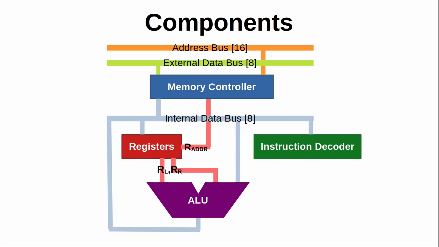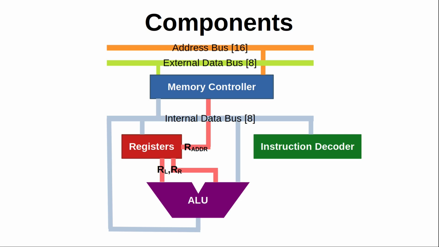So it's always writing to that address bus a 16-bit address to fetch or perhaps write to, and then of course external logic will determine what that 16-bit address actually resolves to, if that's RAM or ROM or a device or whatever. As far as the CPU core goes, it doesn't care. And then the data bus, of course, will be bidirectional. So we're going to be either reading or writing 8 bits in parallel on that external data bus. And that's what the memory controller will do.